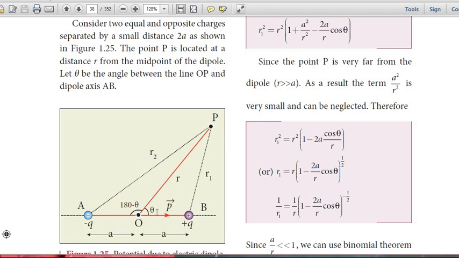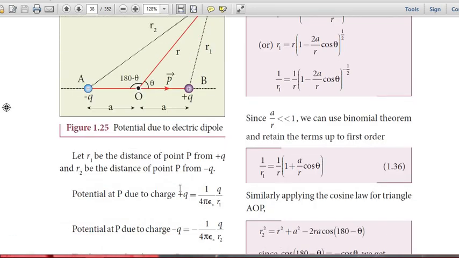Let theta be the angle between the line OP and the dipole axis AB. So this is the angle between the line OP and the dipole axis AB.